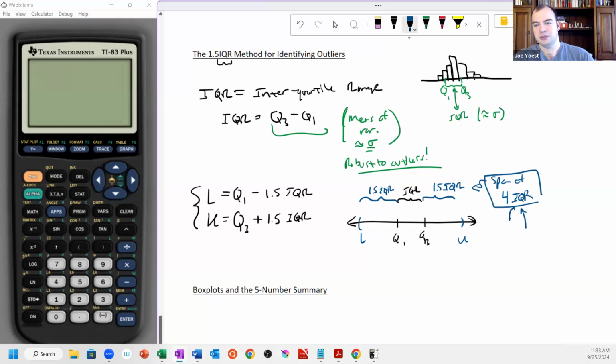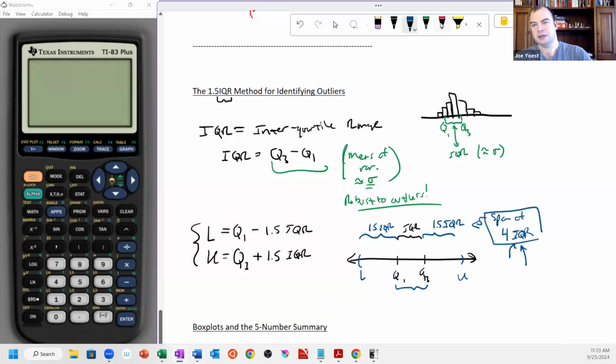But both my measure of variation, IQR, and my measure of center, these Q1 and Q3s, are not affected by outliers. These are all robust to outliers. If I take this data value and push it way over to here, nothing changes. Q1 doesn't change, Q3 doesn't change, the IQR doesn't change, this lower and upper bound doesn't change.